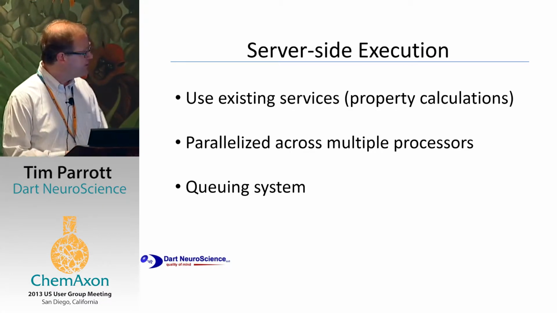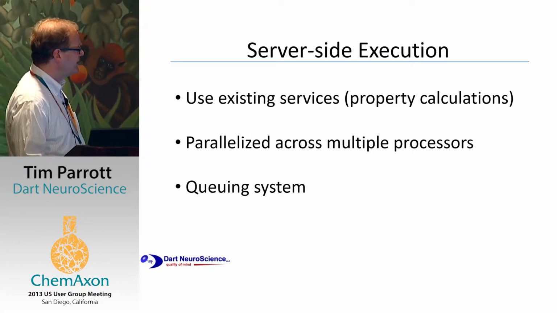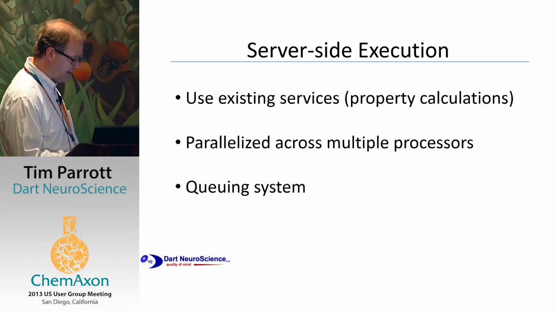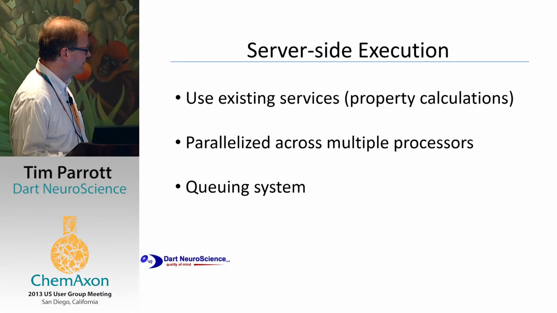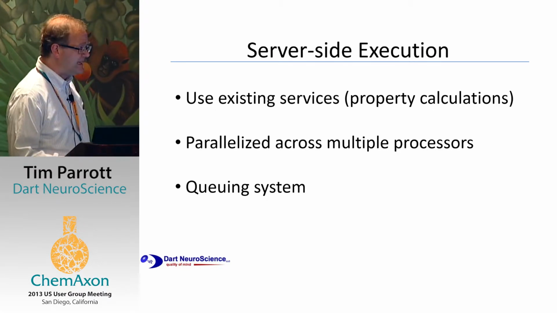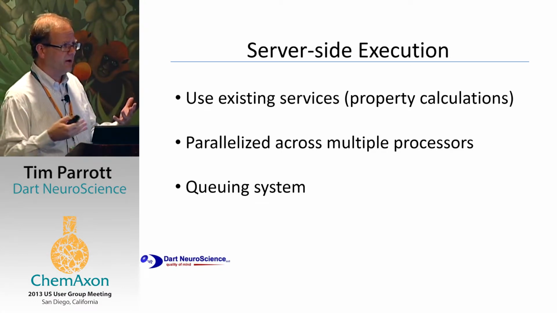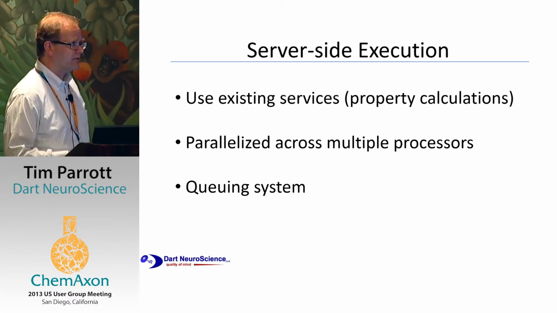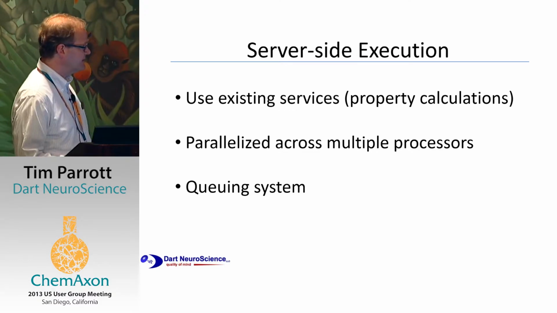And our methods group was able to get some of these calculations to run in parallel across multiple processors, which brought down the time. They actually ended up building a queuing system to handle the different chunks during that parallelization process.